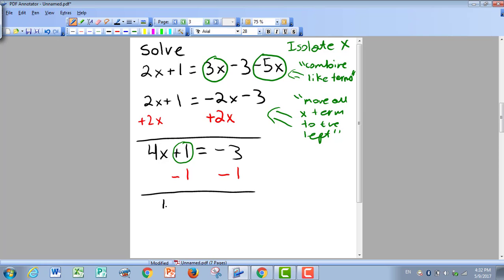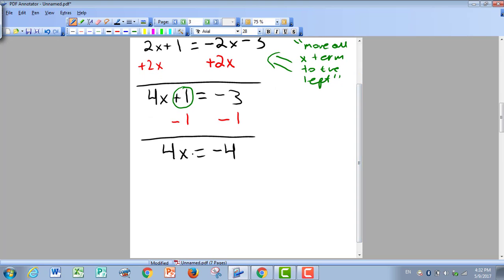On the left, I'm left with 4x, and on the right, I get minus 4. Now I have 4 times x equals minus 4. The opposite of multiplying by 4 is dividing by 4. So I divide by 4 on both sides. On the left, I get x, and on the right, I get negative 4 divided by 4, which is negative 1.